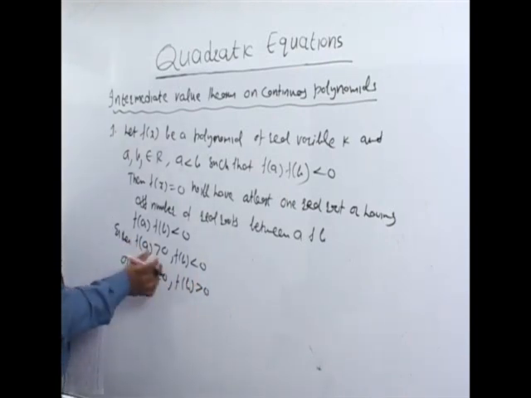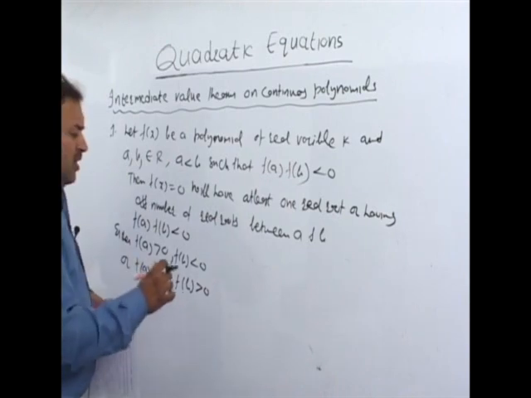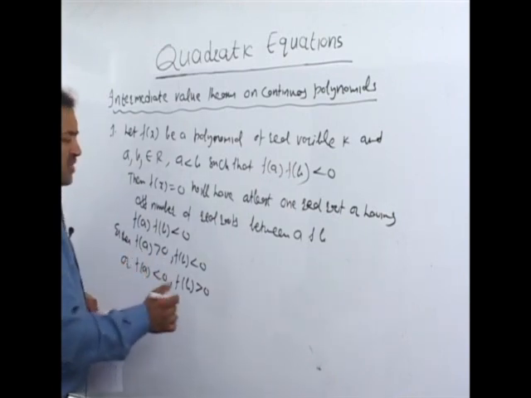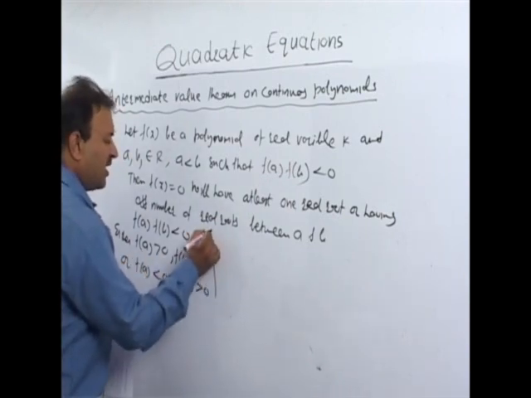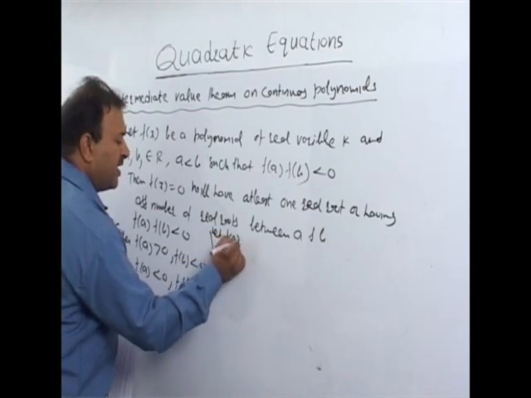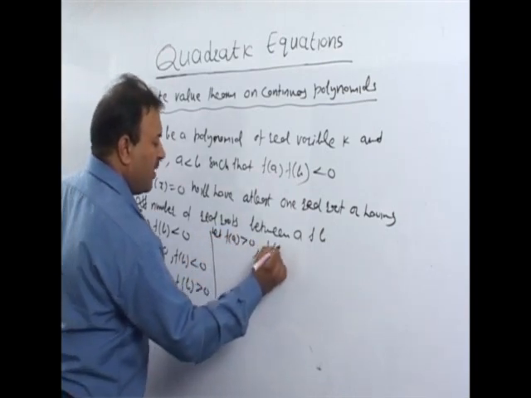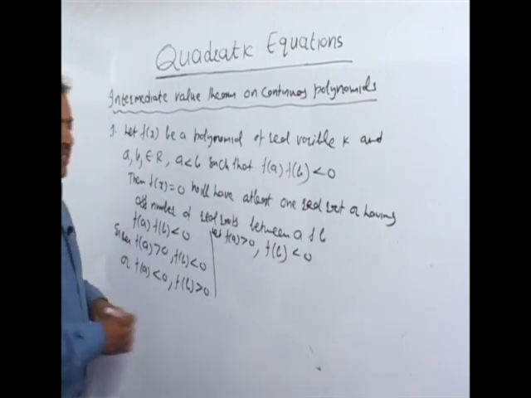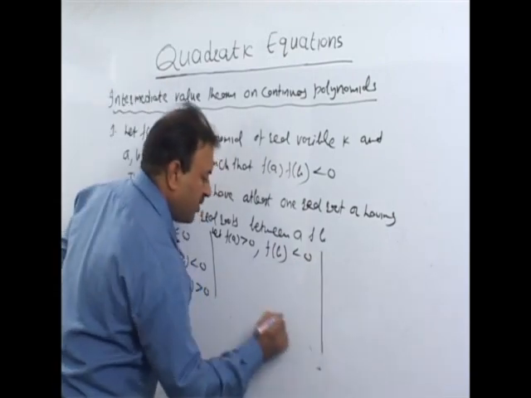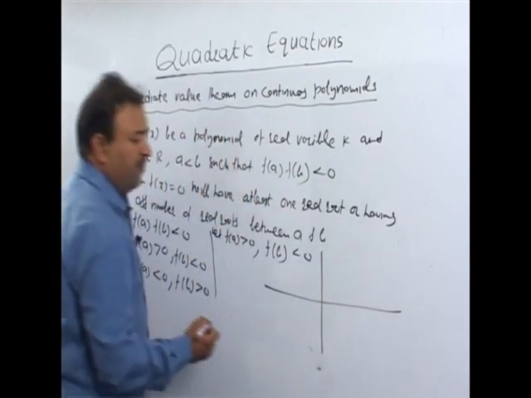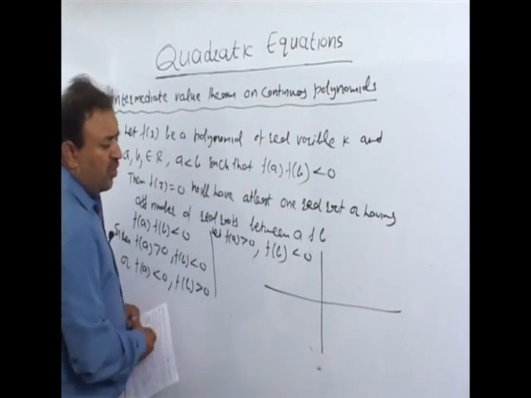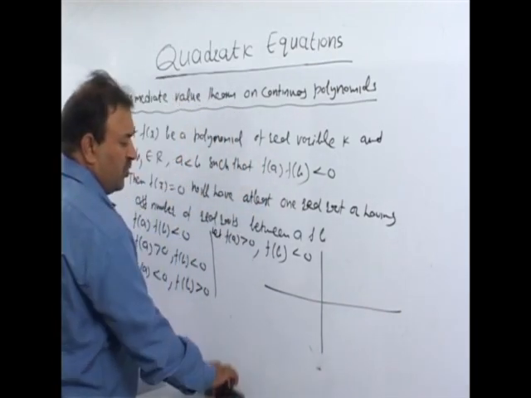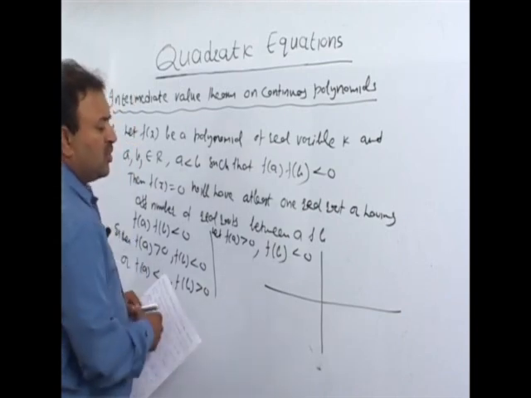So we can take any one example to represent this. Say, let f(a) be greater than 0 and f(b) less than 0. Say we take any polynomial. Since we do not have the roots of this polynomial, we generalize.